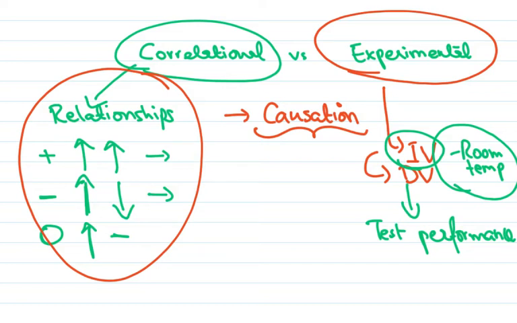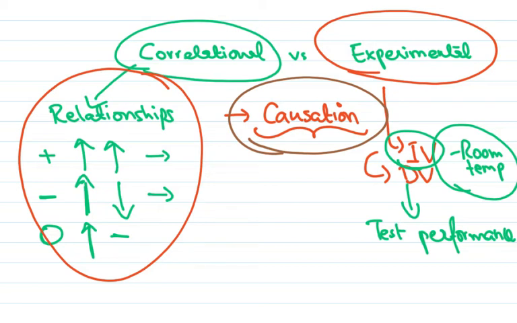Now, let's suppose you have two groups here, so I divided students into two groups. For one, I raised the temperature very, very high. For the other, I gave them a very nice, comfortable temperature. When I compare these two groups, I will be able to make inferences about causation, about what caused the differences in their test performance, because I was controlling the variables.